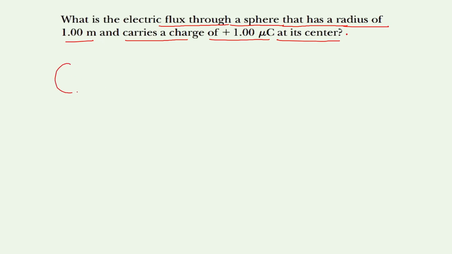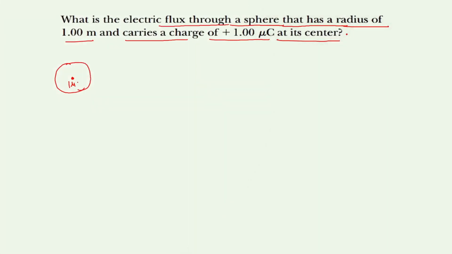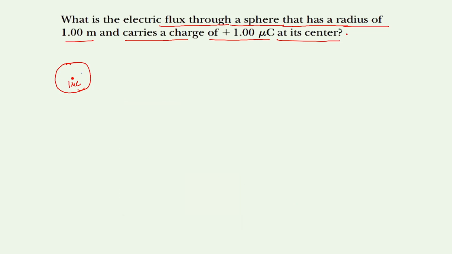So we have one sphere, and at its center we have a 1 microcoulomb charge. We need to find the electric flux through the sphere. Electric field lines are coming out like this.